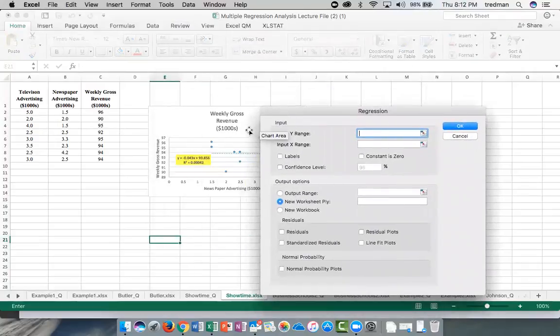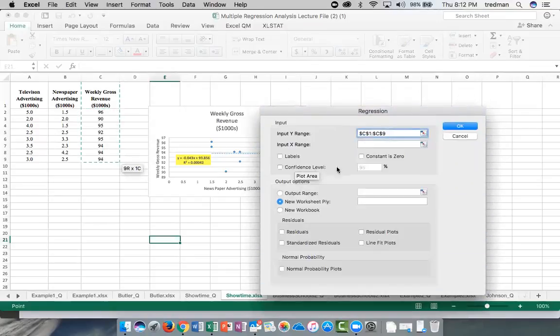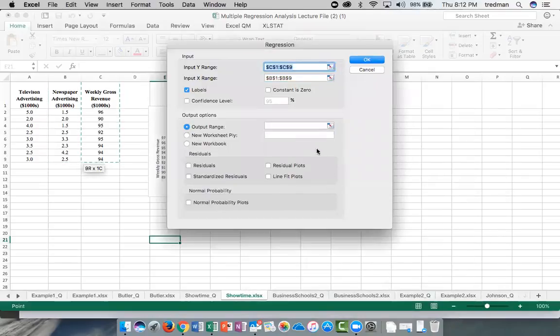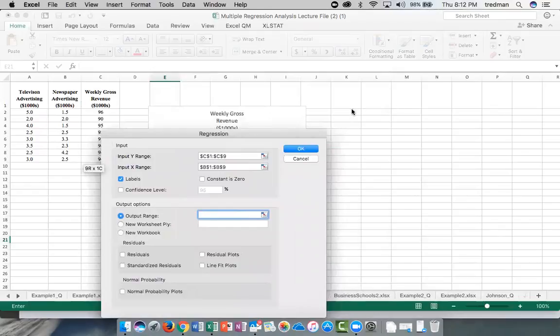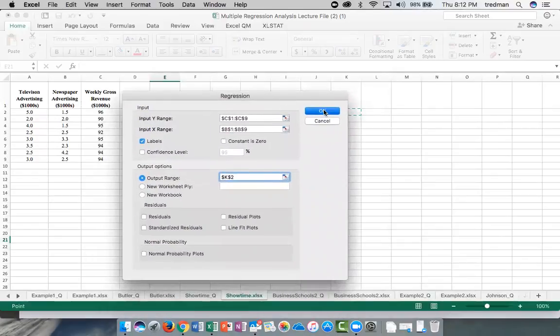Our input Y range, which is the dependent variable, will be weekly gross revenue. Input X range, which is our newspaper advertising. I want the labels to show. I'm going to output this to K2 and click OK.